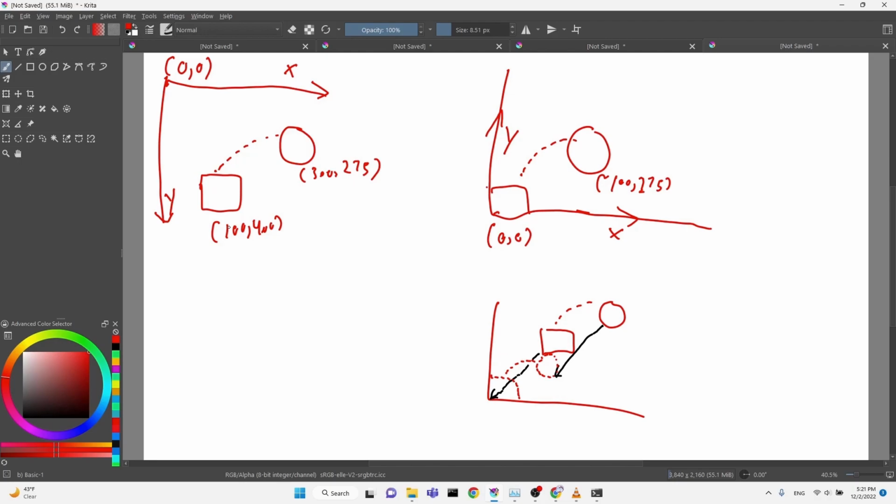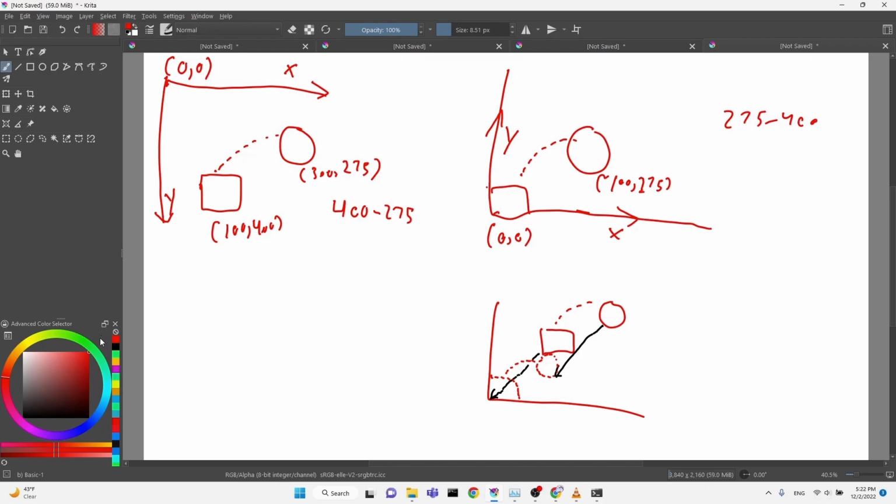In the Cartesian system, you have to subtract the shooter's y position from the target y position. But in Pygame, because the y system is inverted, you're going to have to subtract the target's y position from the shooter's y position. So it looks like 400 minus 275, as opposed to maybe 275 minus 400 in the Cartesian system.